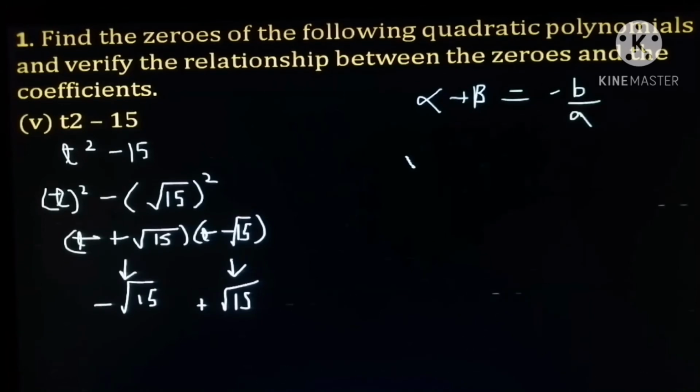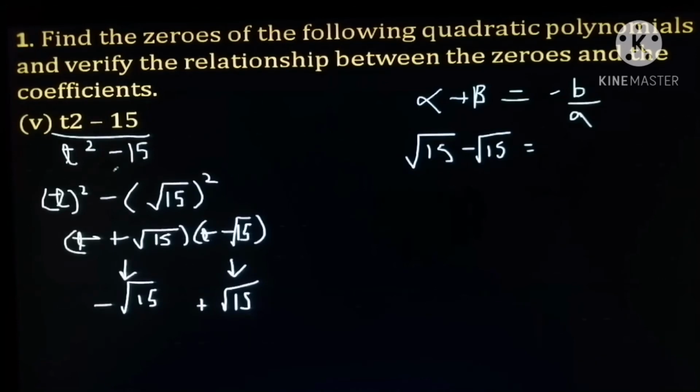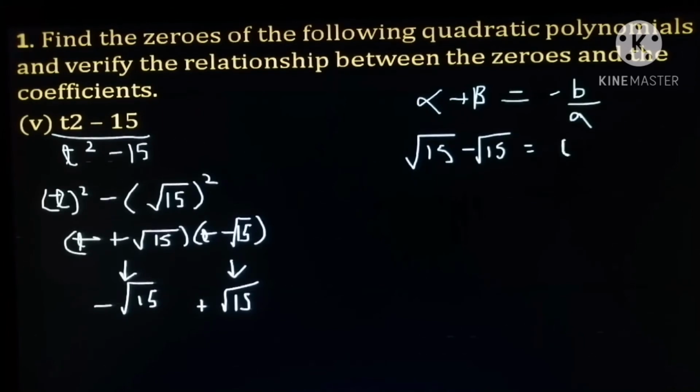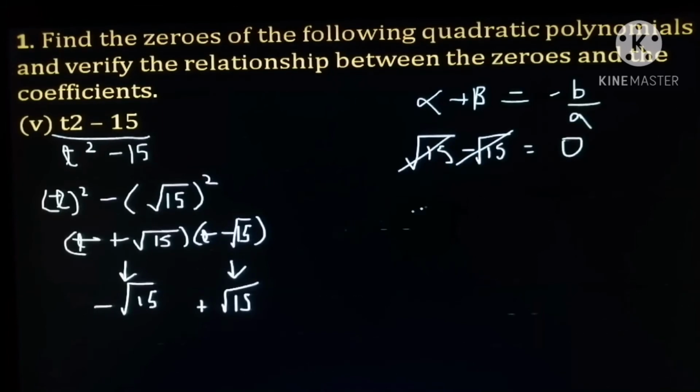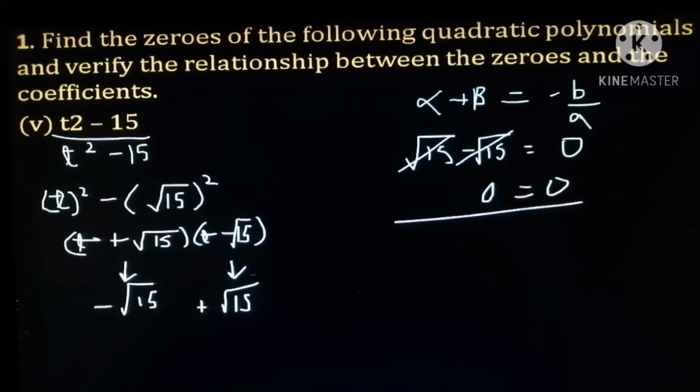So root 15 minus root 15 should be equal to... when you check for b in this equation, you don't have any term which has the linear degree of the given variable, that is the degree 1. So the value of b is equal to 0. Root 15 and root 15 get cancelled. So you have 0 is equal to 0. First relation is verified. Now let's move on to the second one.